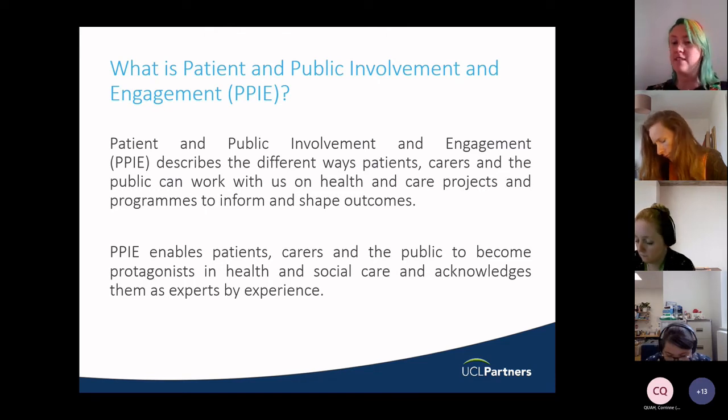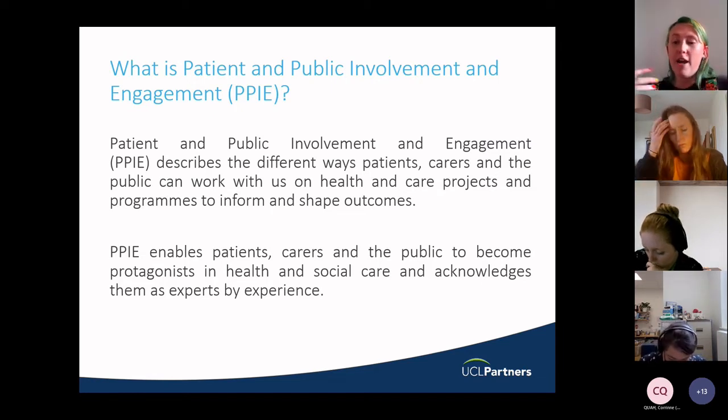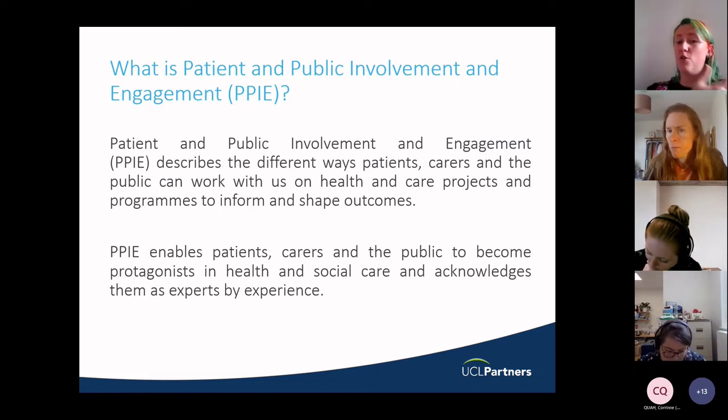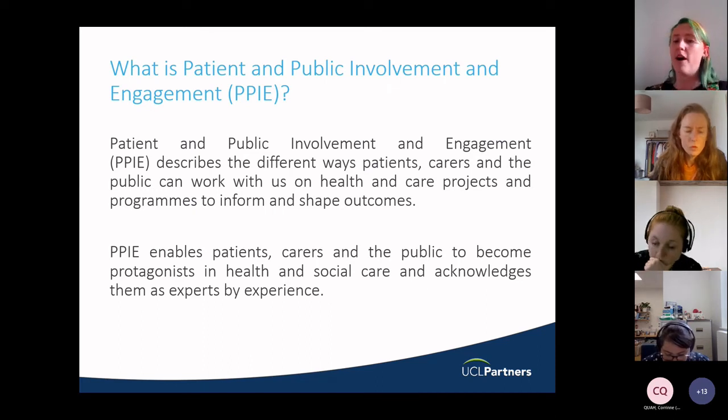Because otherwise, what is happening quite commonly now is that yes, there's loads of learned experience from the research and from the NHS, but we go away and design things that may not realistically reflect the reality, the lived experience, the actual situations. That means it doesn't have the real world implications and impacts that we want. So we want to make sure that the things we do better reflect the real world, can be implemented a little better, and help support people to learn a little better. That's why it's really important for us to do patient and public involvement and engagement.